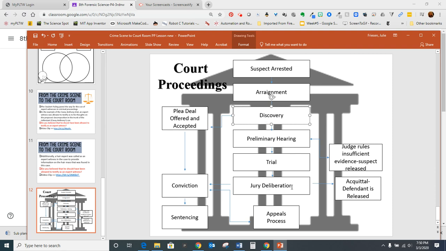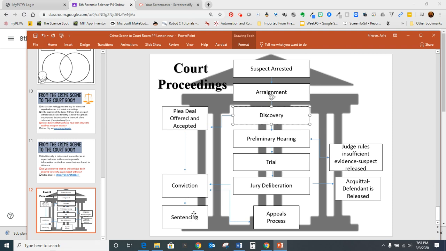If they can't find definite guilt, then the defendant can be acquitted and released. Or if they find them guilty, then they're convicted. And of course, from the conviction stage, they'll have a sentencing date, and then they'll be sentenced to whatever, put in jail or put in prison.